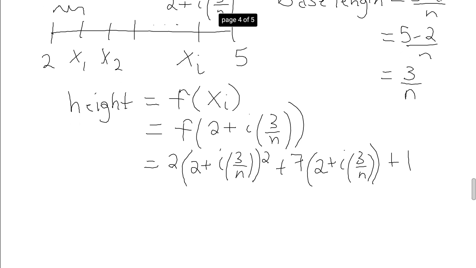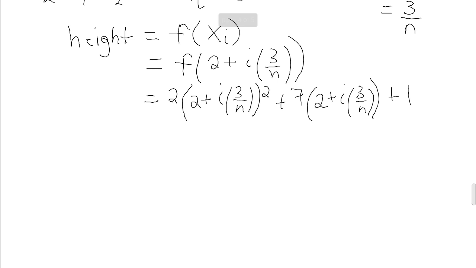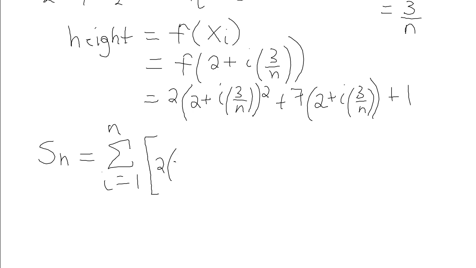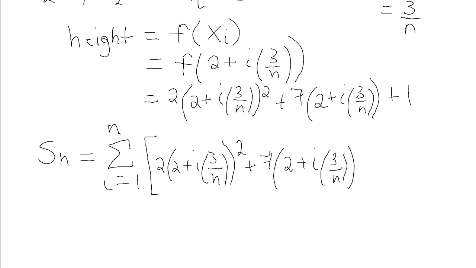Okay, so then we know our base length, we know our height, so we can find the area of these rectangles. We just have to multiply them together. So if I want to actually write out what the Riemann sum is, this Sn, it's going to be the sum from i equals 1 to n, because we're adding up n rectangles, and it's going to be this height, which is 2 times this really gross expression here, (2 plus i times 3 over n) all squared, plus 7 times (2 plus i times 3 over n) plus 1.